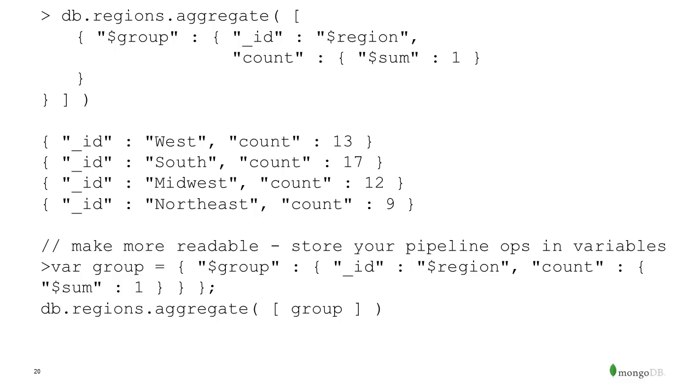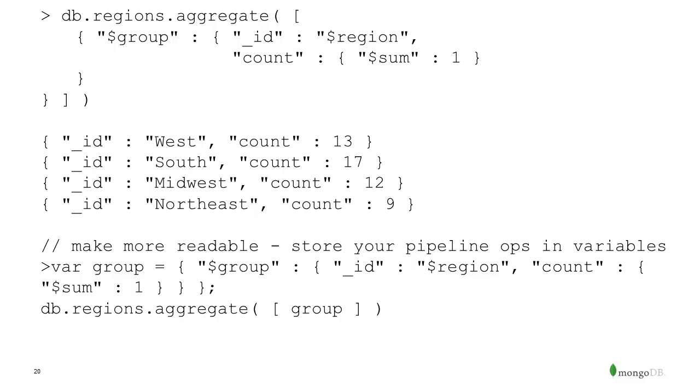By shape of the document, I'm saying you're giving a template for what the structure of those documents should be. You're going to define a set of keys and what those values should be, and there's some special syntax in how you specify that in this template mode. In particular, there's a couple things. Number one, you'll see here an _ID key. That is required in the template document that you give to $group. The _ID key for this document will point to the key in the incoming set of documents that you want to group on.